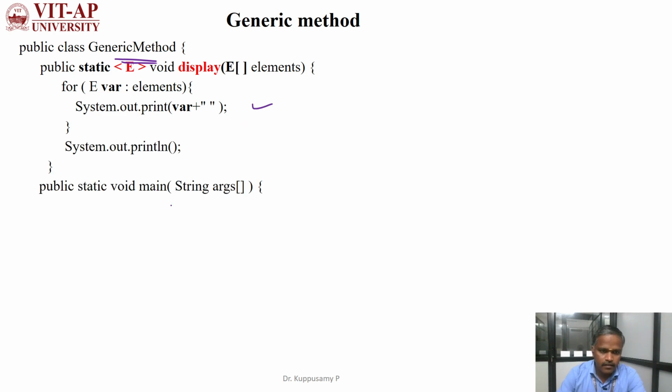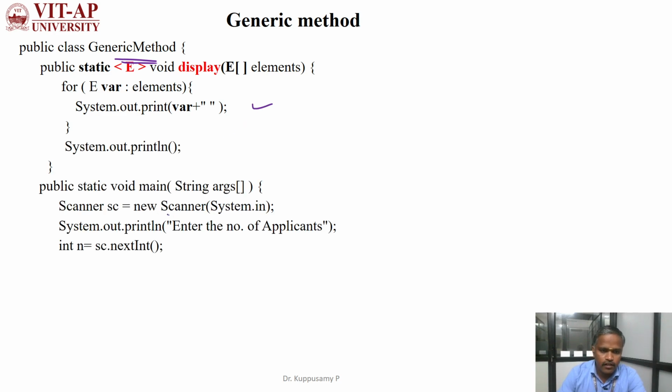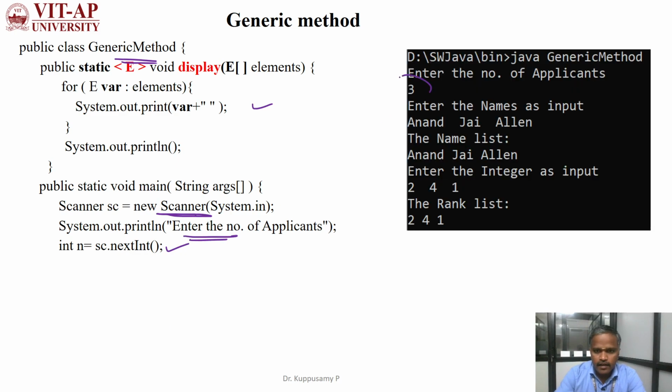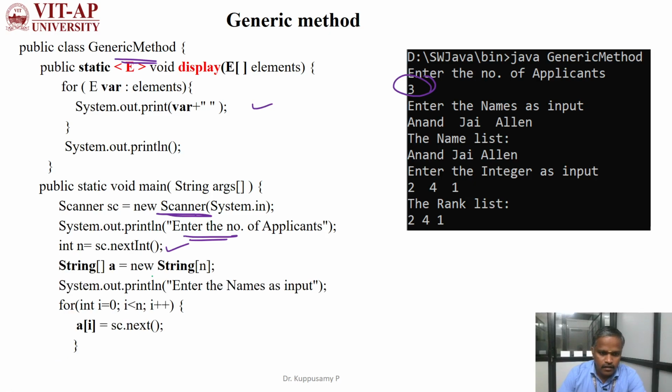We are taking user-defined input during runtime. I am using the Scanner class, then "enter the number of applicants", which takes 3 applicants as input. Then I am receiving the data. Here a string array is defined with the string length, here 3, which we receive as of this line.